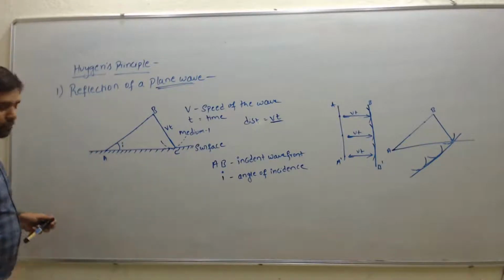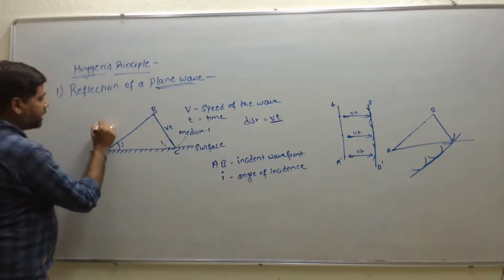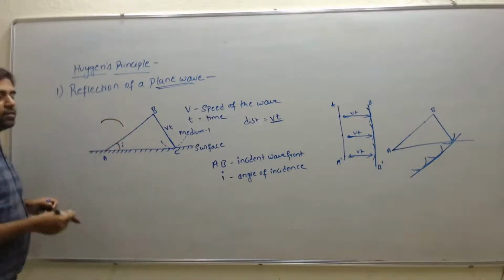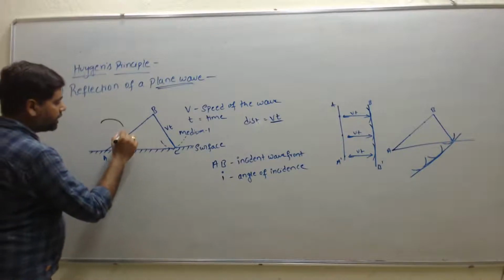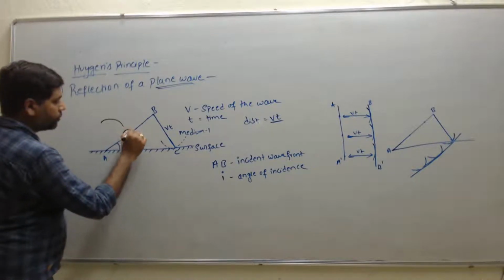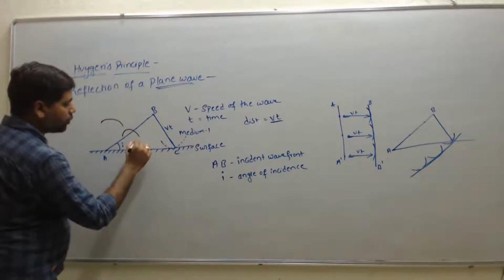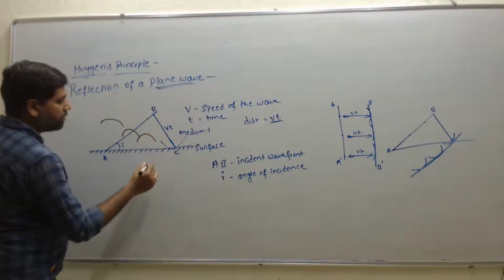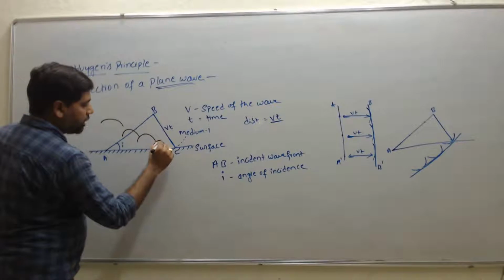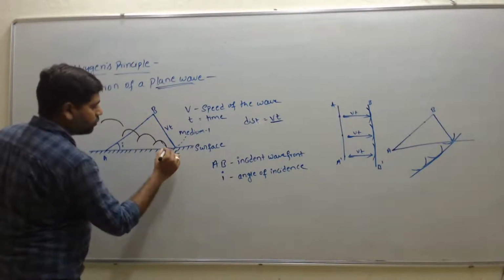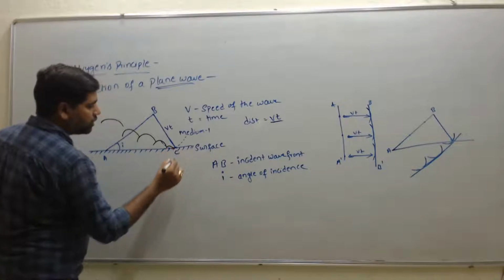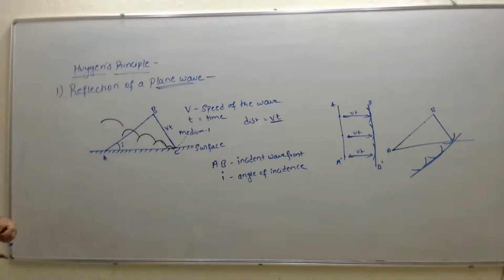This is for the A point. If I draw for the second point, I will get one like this. And for the third point, if I draw the sphere I will get this, and for the fourth point, like this. And for the last point, I will get one like this, right?